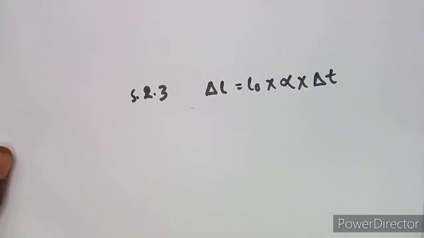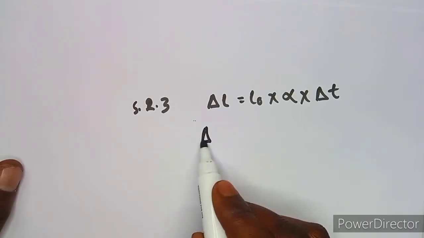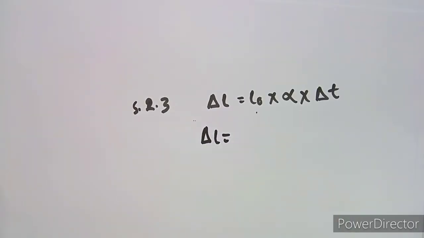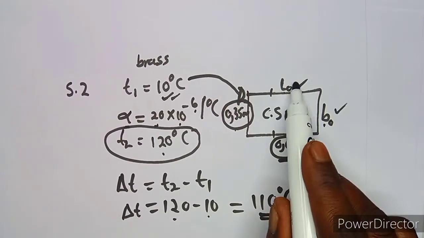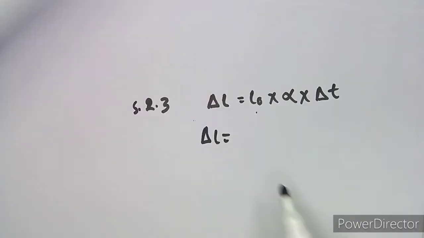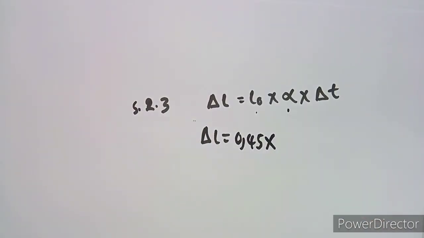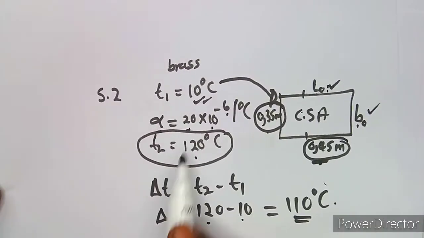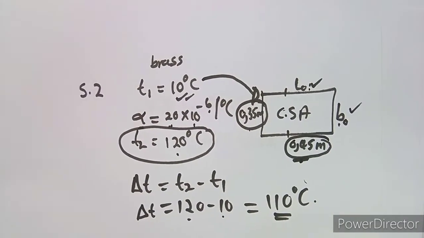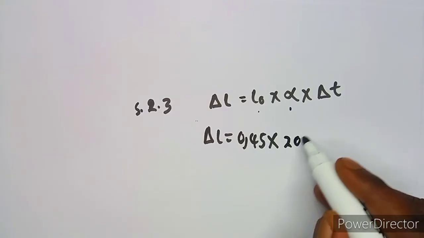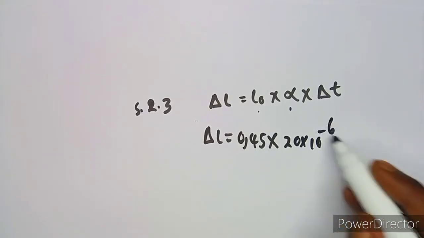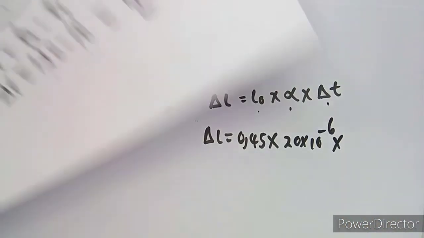All right, so this is the change in length. We are back to our diagram here. This was our original length here, the length, which is 0.45. So 0.45 times the linear coefficient of expansion, which is 20 times 10 to the power negative 6, times the change in temperature.